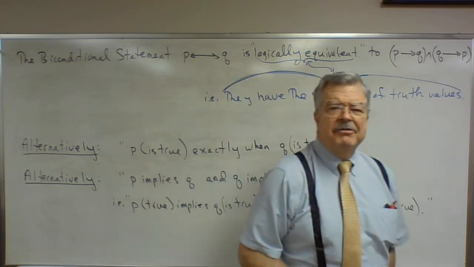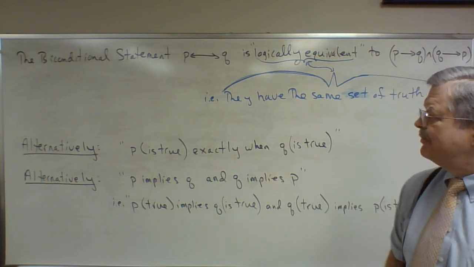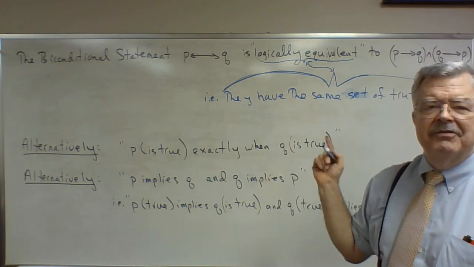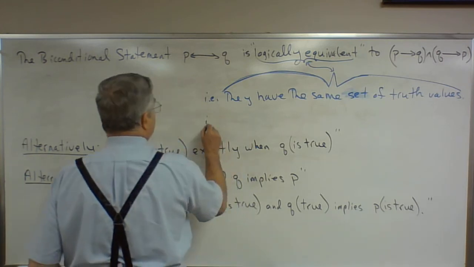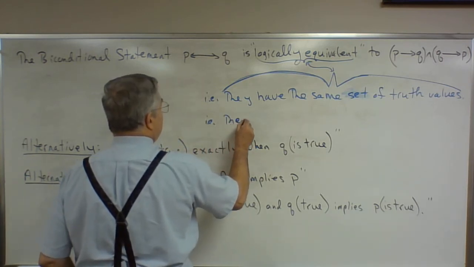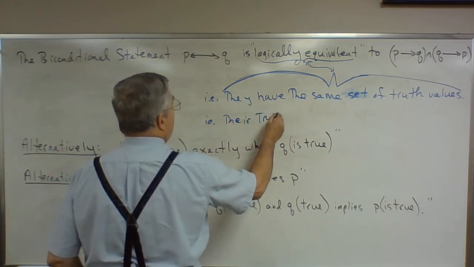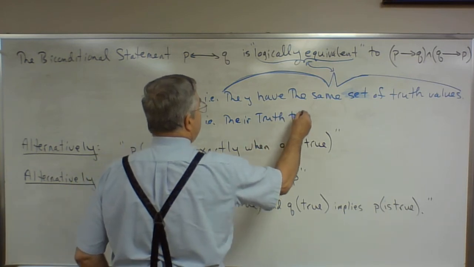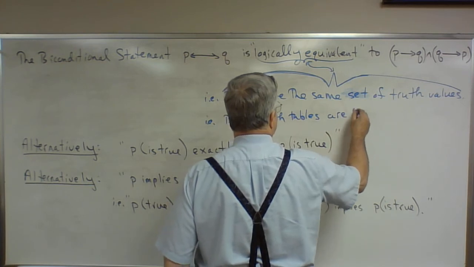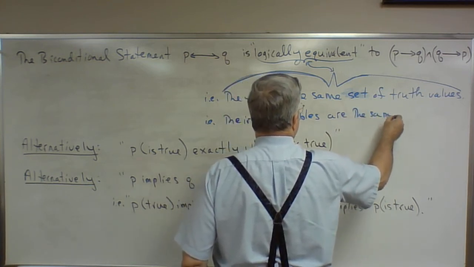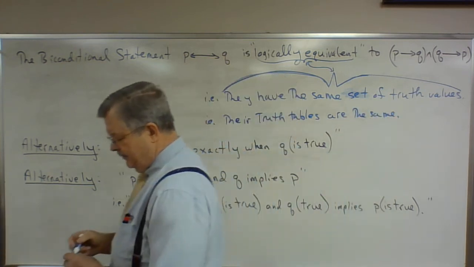So if two statements are logically equivalent, that means they have the same set of truth values. Or another way of saying this is that their truth tables are the same.